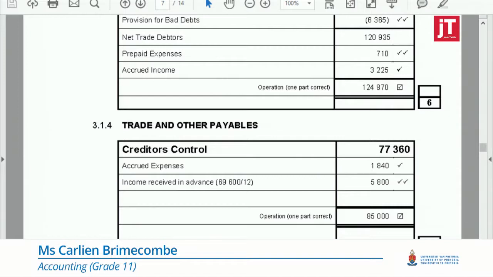Say again. Shouldn't the current portion be...? Current portion of loan, listen quickly, can either form part of trade and other payables or it can be on the face of the balance sheet. So if you've put it as part of trade and other payables, your answer would be 85,000 plus 103,200.